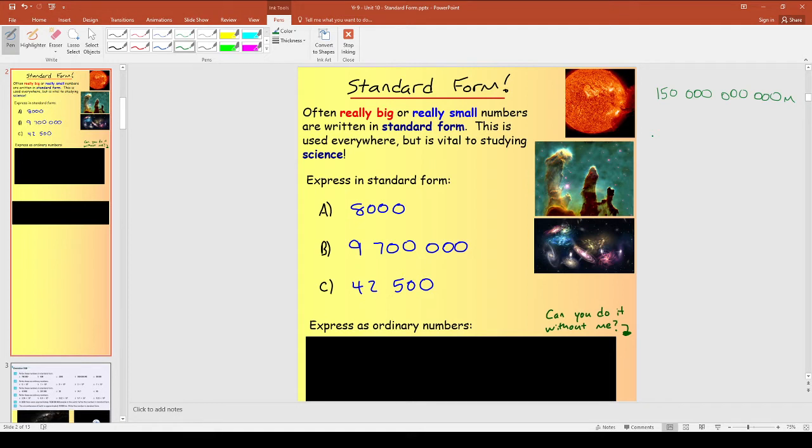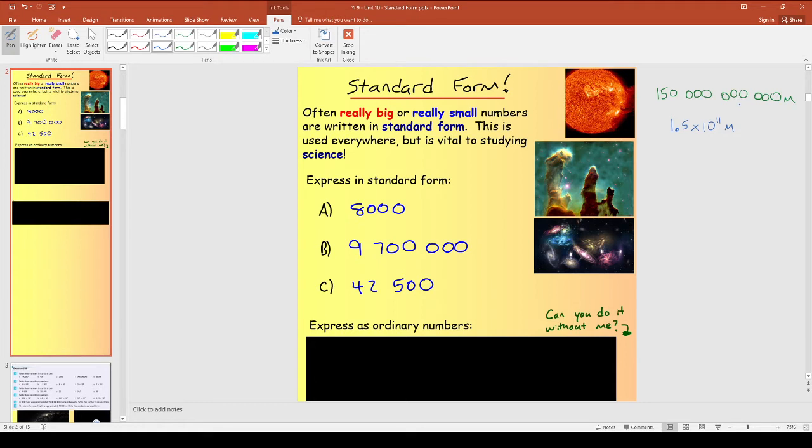So what do we do to avoid writing out millions of zeros? Well, what we do is we invent a notation, and here we go. This here, instead of writing 1, 5, and then 1, 2, 3, 4, 5, 6, whatever I'm trying to say, 1.5, oh, sorry, my lovelies, times 10 to the power of 11 would be the distance in meters from the Earth to the Sun, which is a lot better, my buddies, than actually writing out that many zeros.